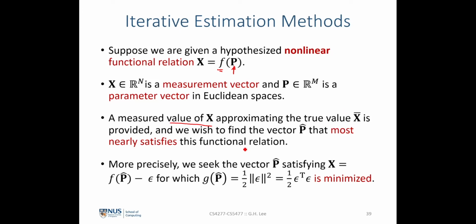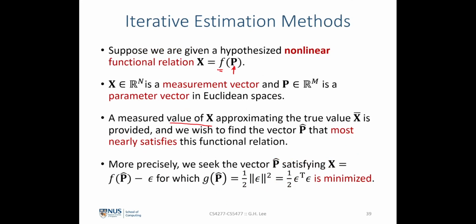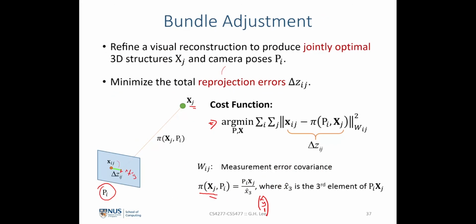So in the case of bundle adjustment, the measured value of x would be the image coordinate points that we have observed. And we want to find the vector p, which is all the parameters. In the case of bundle adjustment here, that would be equivalent to all the camera poses as well as all the 3D points from the initial reconstruction.